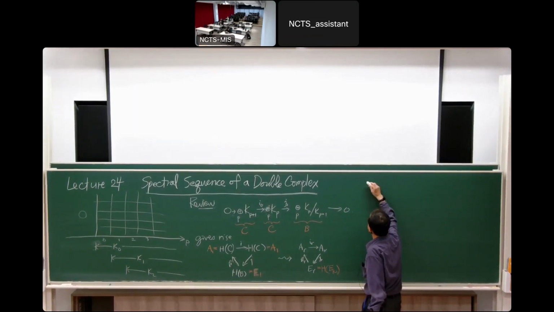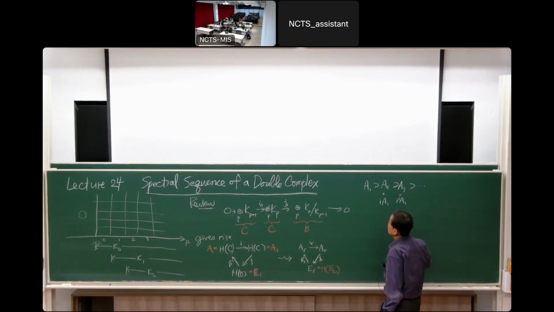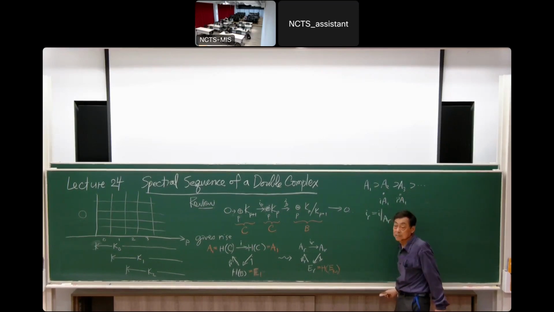So in general, you have a sequence of subgroups. And the map i_r is just i restricted to the subgroup A_r. Okay, so that's the map i.